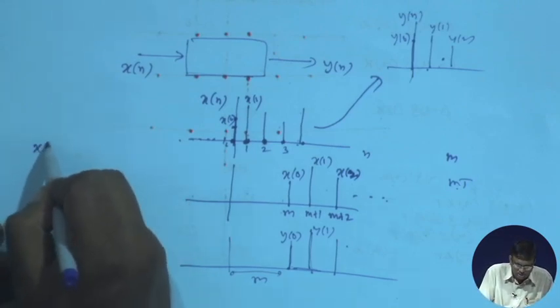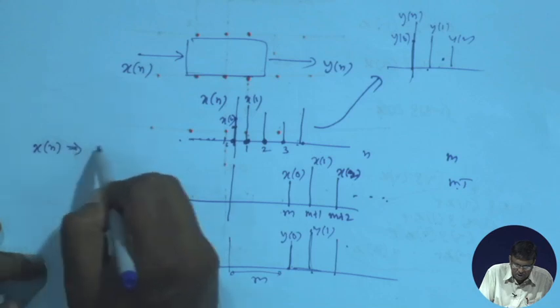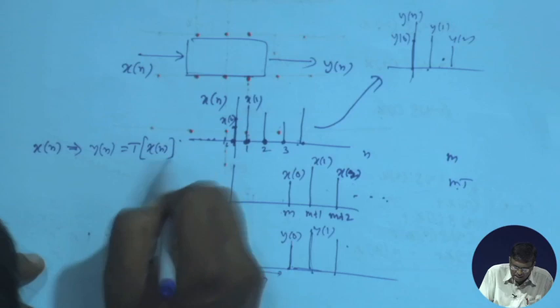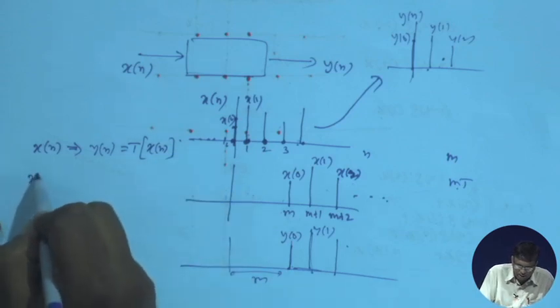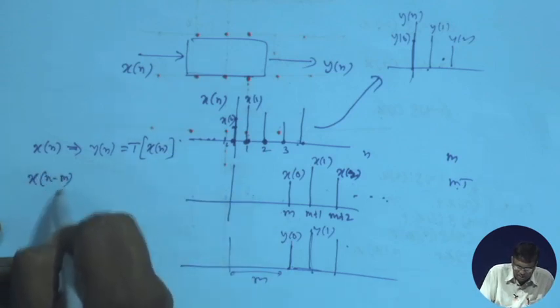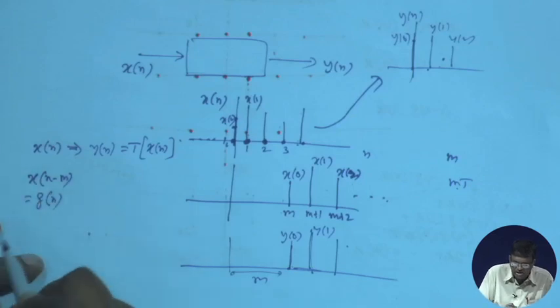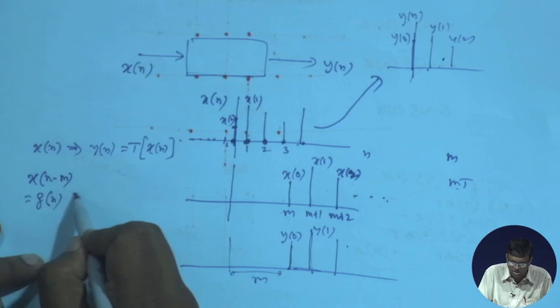That is, if x n gives rise to y n as T of x n, and suppose I give a delayed sequence x n minus m, you can call it a new sequence g n, which is nothing but the delayed version of this.